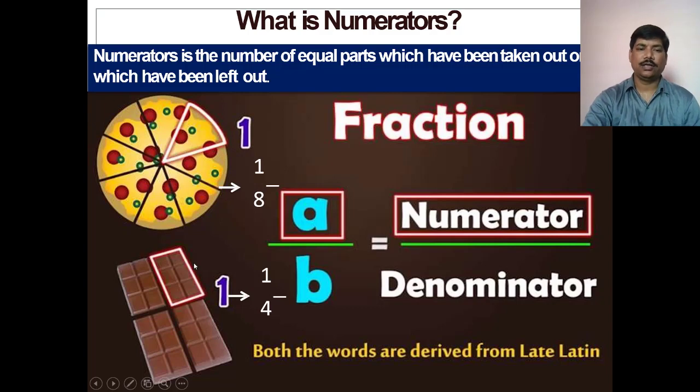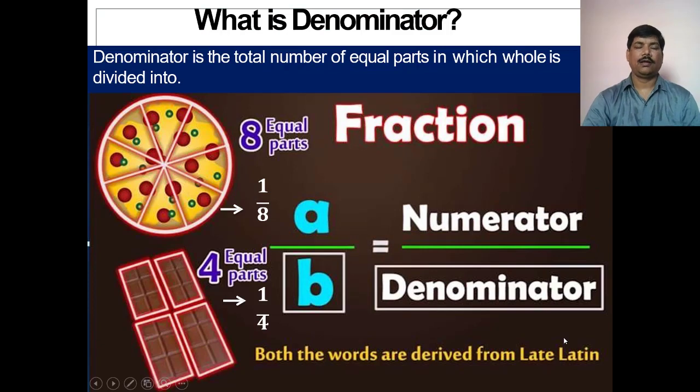So the total parts 8 is the denominator and the taken part 1 is the numerator. In this chocolate, the total parts are 4. These total parts 4 are the denominator and the taken part 1 is the numerator. These both words are derived from Latin. Now again, what is the denominator?